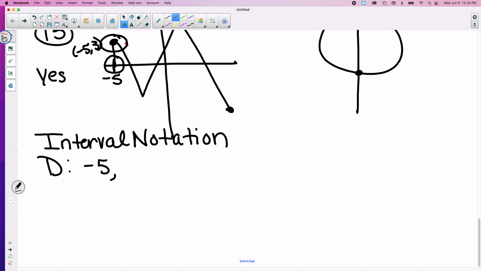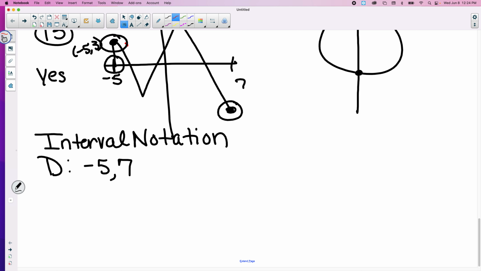Okay, then you look at the very last point over here. What is the x coordinate that goes with it? 7. Okay, so 7 is your largest x coordinate. Does it include the negative 5 and the 7? There's no open circles there, right? They're closed circles.